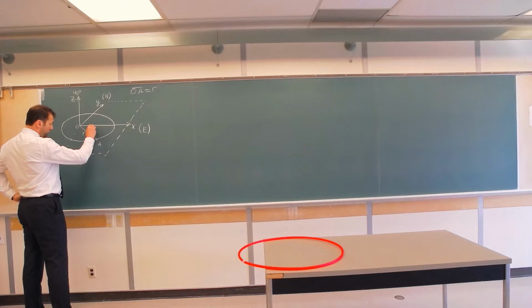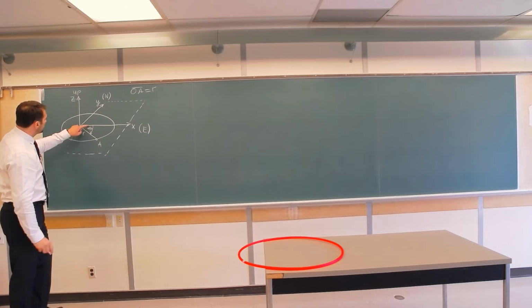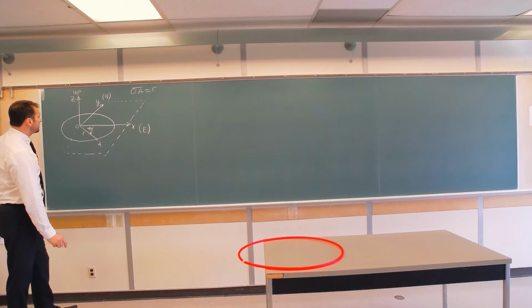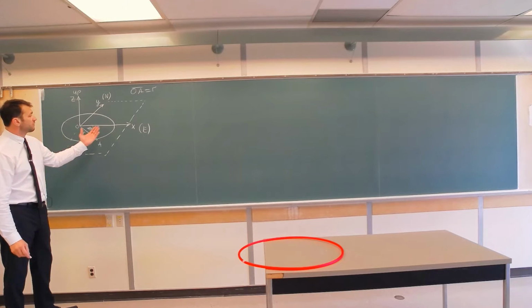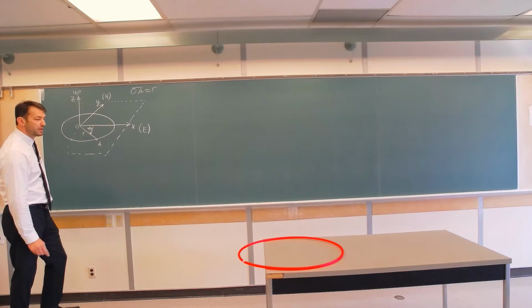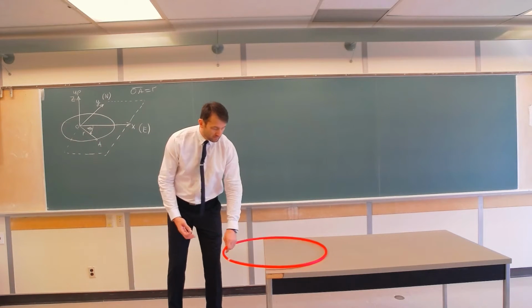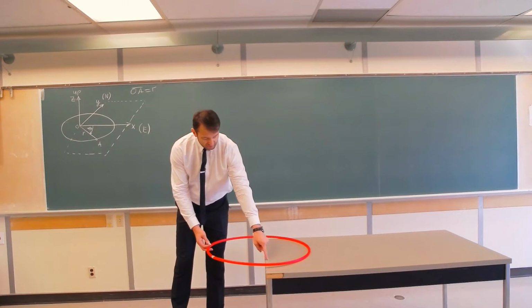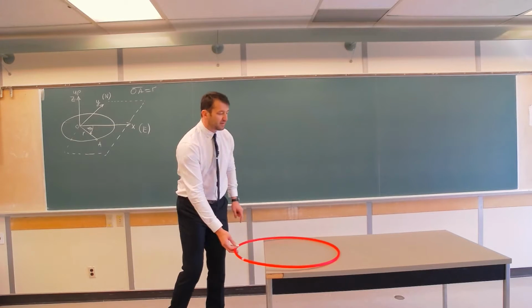And I will introduce angle theta. Theta is measured from the positive x-axis, namely from the east direction. So we said if this is the east direction, then this would be angle theta for this loop.